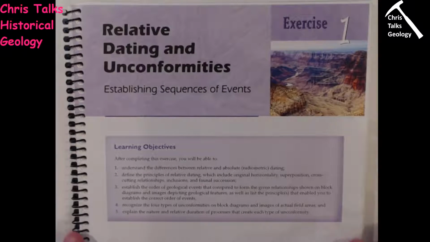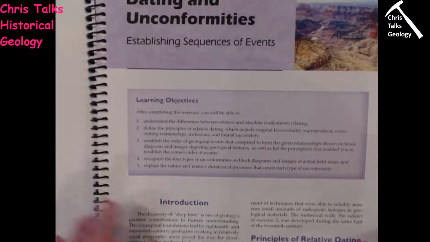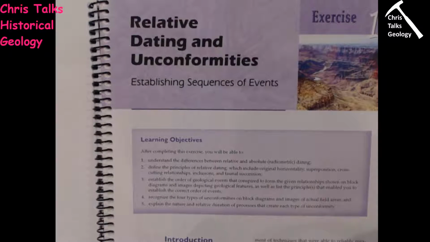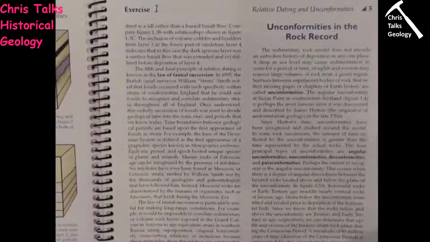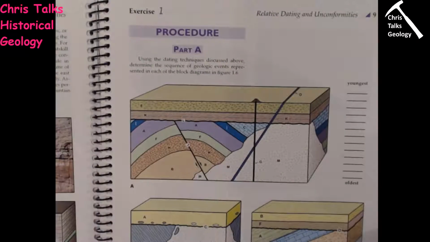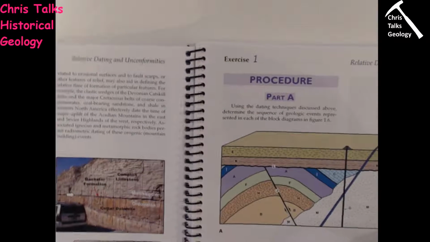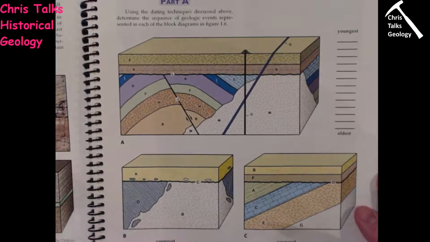I'm sure you're shocked by that. So the thing about exercise number 1 is that it deals with relative dating and unconformities. Now pages 1, 2, 3, 4, 5, 6, 7 and 8 all contain very helpful information, so don't just skip past them.